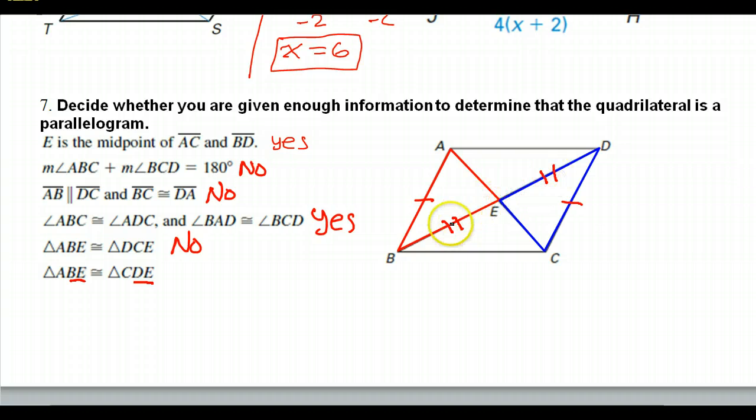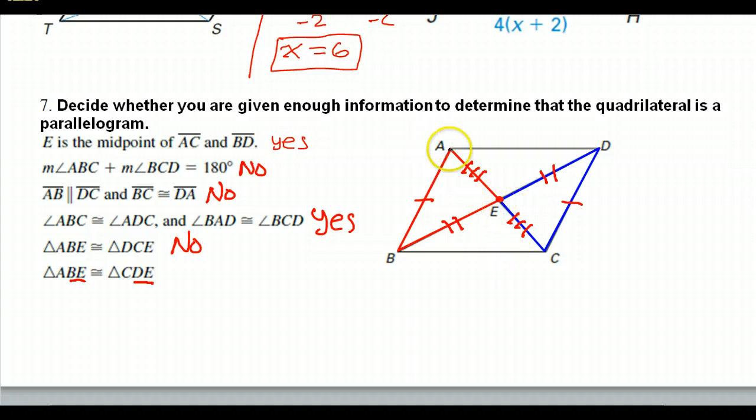See what's changing here? Now these congruencies are on the same diagonal. So looking at diagonal BD, E is now the midpoint of that diagonal because these are the same. And that leaves AE, 1, 2, 3, to be congruent to EC, 1, 2, 3.